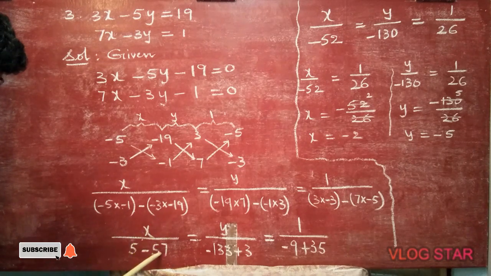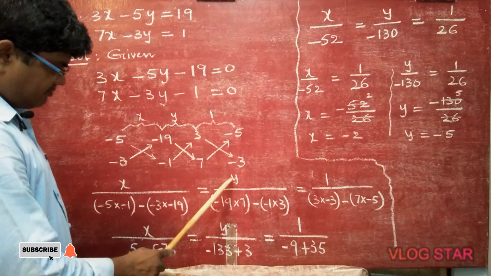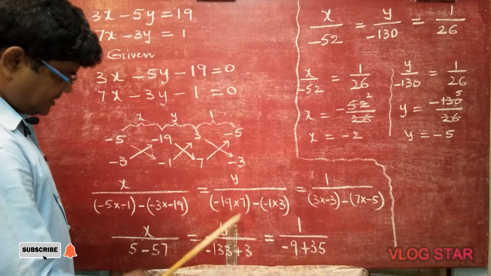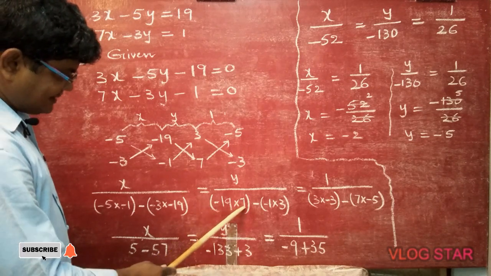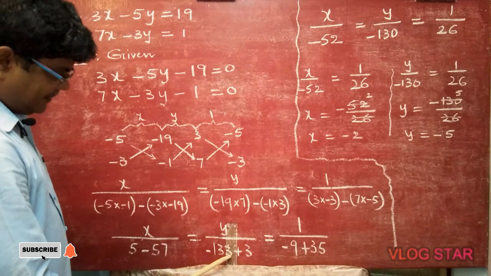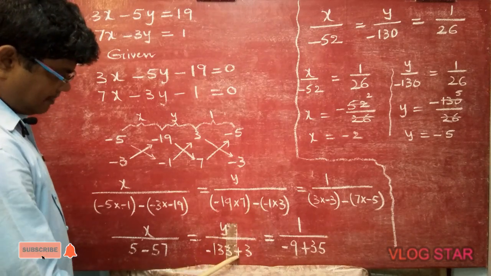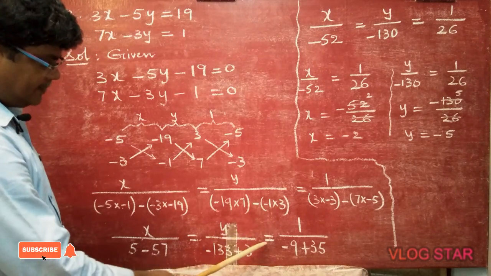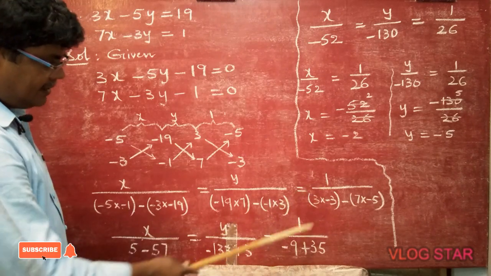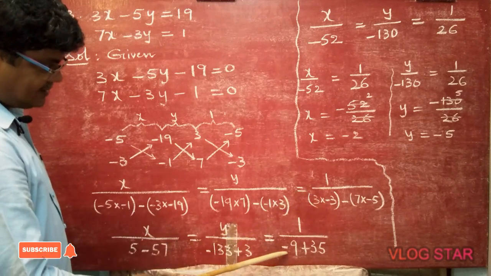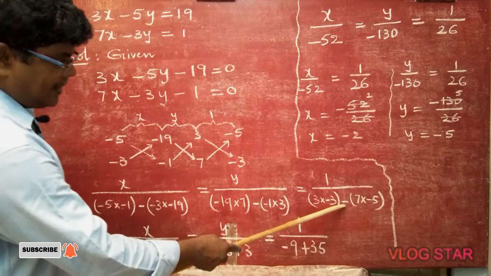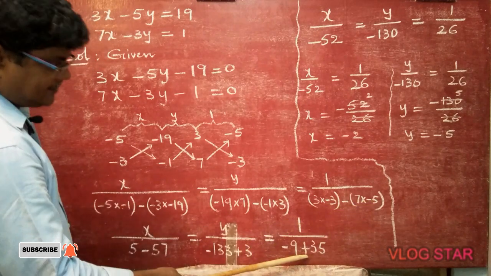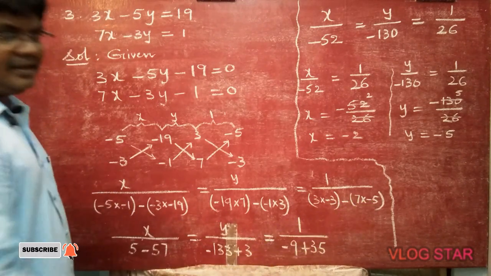3 19s are 57. Next y by minus into plus is minus, 19 sevens are 133. Minus into minus plus, 1 3 is 3. That is equal to 1 by plus into minus minus, 3 3s 9, plus minus into minus plus, 7 5s are 35.